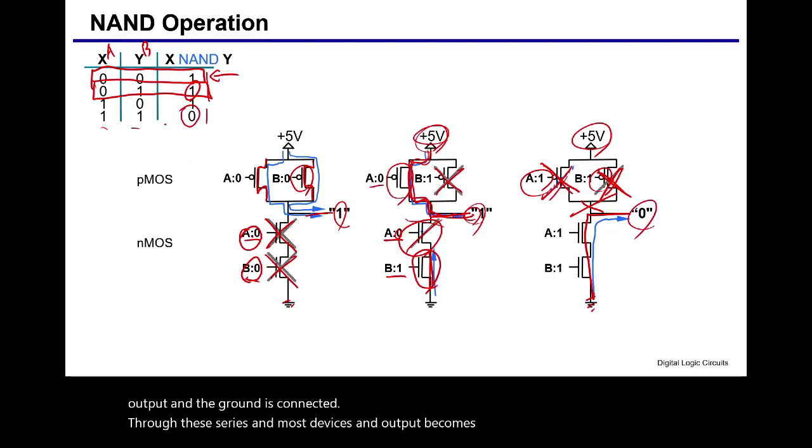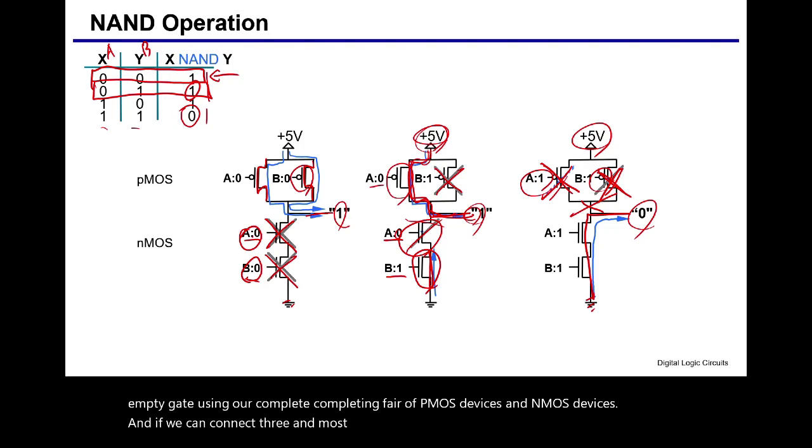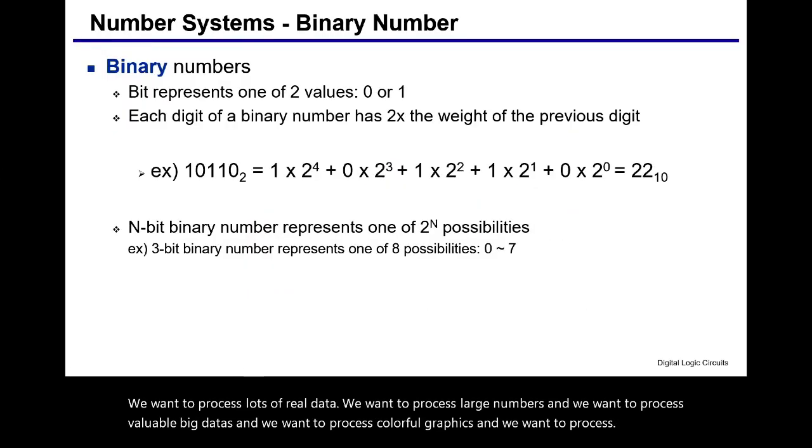So this is how we construct a NAND gate using a complementary pair of PMOS devices and NMOS devices. And if we connect 3 NMOS devices and 3 PMOS devices, then we may have a 3 input NAND gate.